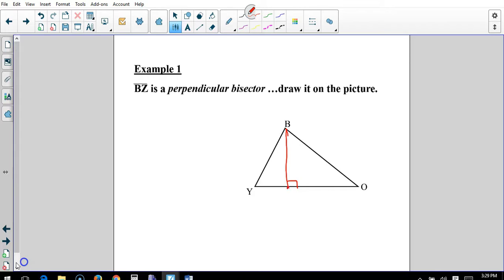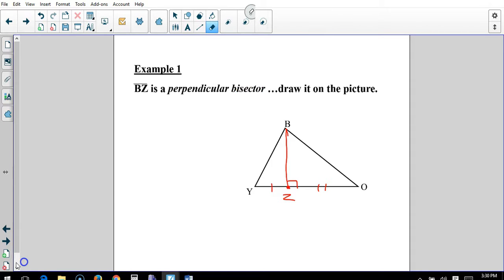Well, you can clearly see that this and this are not equal to each other. So if we made BZ right here, it would be perpendicular, but not a bisector. So if we want to say BZ is perpendicular to OY, we can do that. It just won't be a bisector.